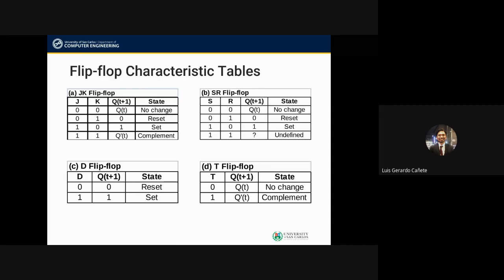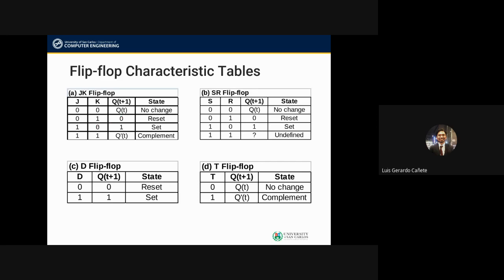Okay, so this is for the JK flip-flop. It's basically saying that when both inputs are 0, 0, Qt plus 1 basically copies Qt. And when it's 0, 1, we are at the reset state, so Qt plus 1, regardless of the value of Qt, becomes 0.